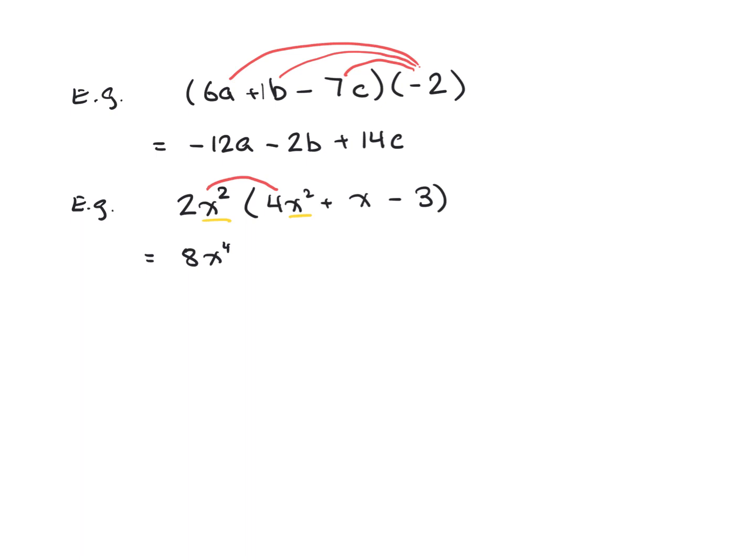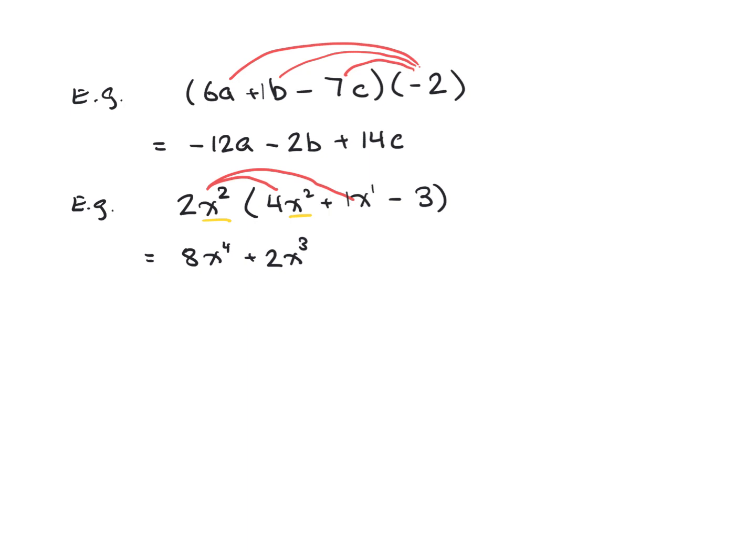When you're multiplying powers with the same base, you add the exponents. The second thing to do is 2x squared times positive x. So we can think of positive x as positive 1x. So then we multiply. 2 times 1 is 2. And then x squared times x gives you x cubed. The exponent laws. This is 1x to the exponent 1.